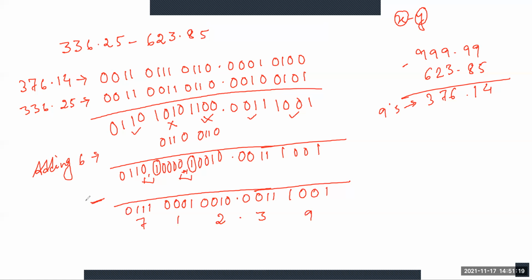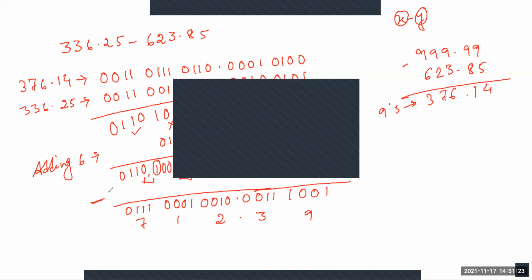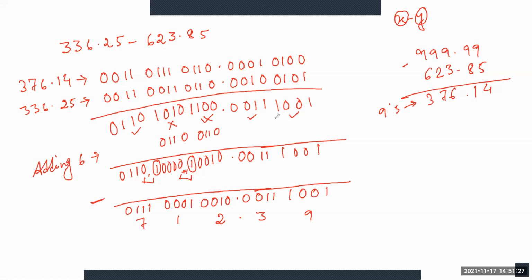Whatever we are getting is not actually the correct answer. Why? Because there is no end carry, that's why the result is negative. You consider it negative, and it is still in the form of 9's complement.